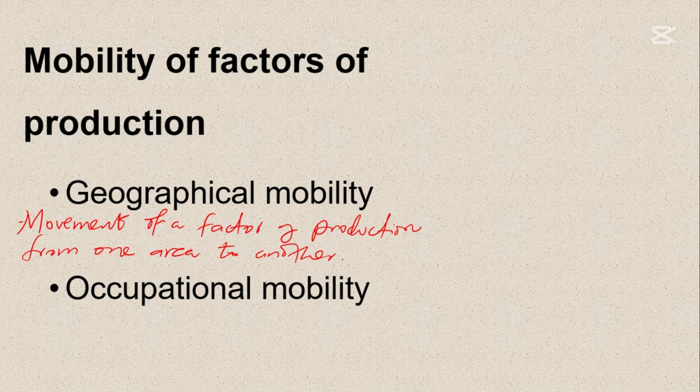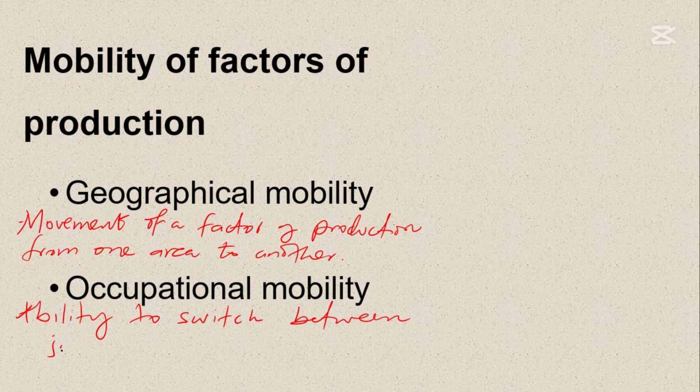On the other hand, what is occupational mobility? And here we find out that occupational mobility is very simple from the word occupation. Can you move in terms of occupation? Yes, it is possible. So, occupational mobility is whereby you have the ability to switch between jobs.